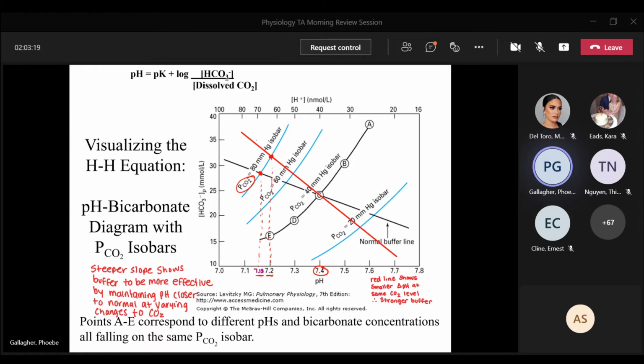So you can see that this steeper line at a higher CO2 level will make the pH a little bit closer to your normal level of 7.4. That's all that's really saying. And the opposite is true for a high CO2. It's going to try to keep it as close to 7.4 as possible, and the steeper it is, the better it works at doing that.